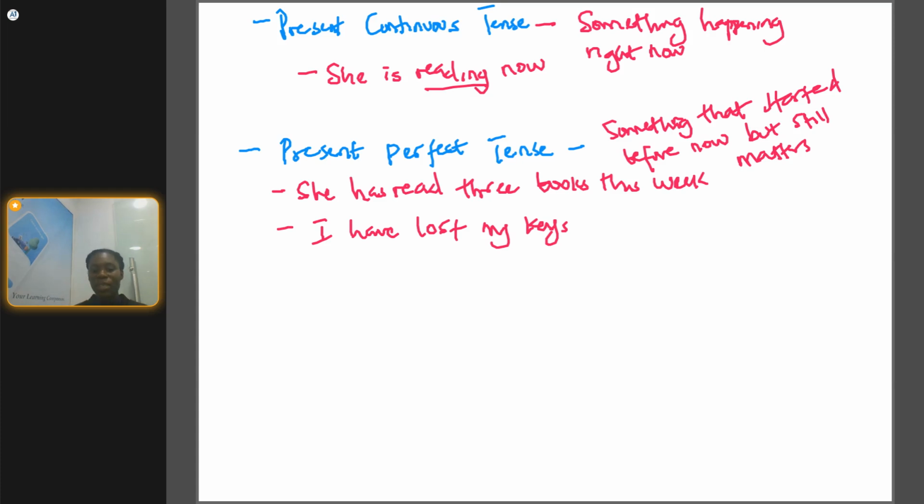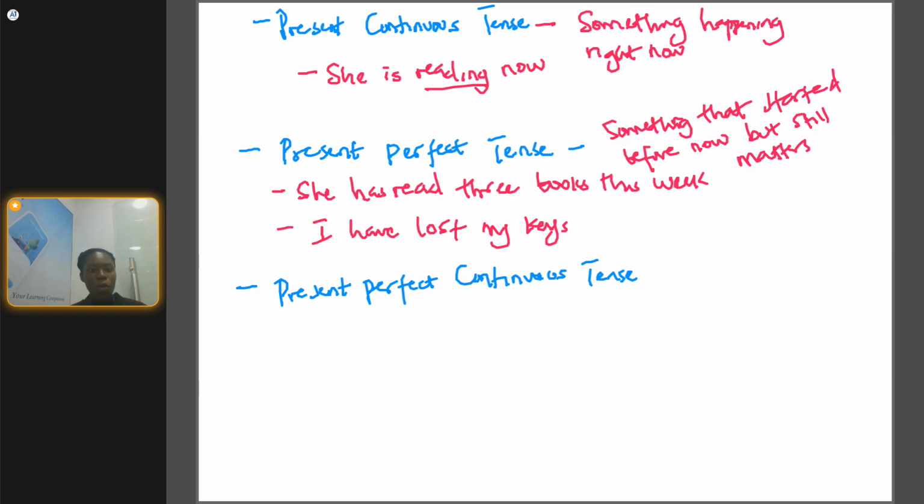This tense is called present perfect continuous tense. Okay, so we have present continuous tense, we have present perfect tense, we have present perfect continuous tense.